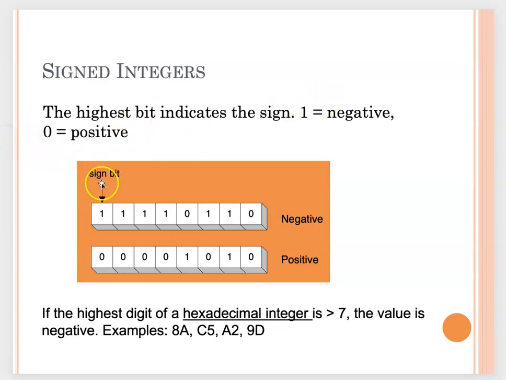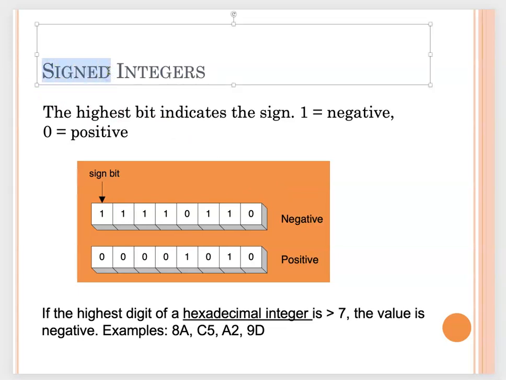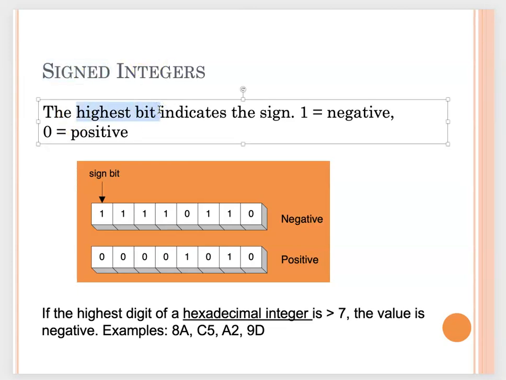Before, we said the leftmost is the most significant bit and the rightmost is the least significant bit. But when representing signed values, the highest bit on the left is reserved for the sign.